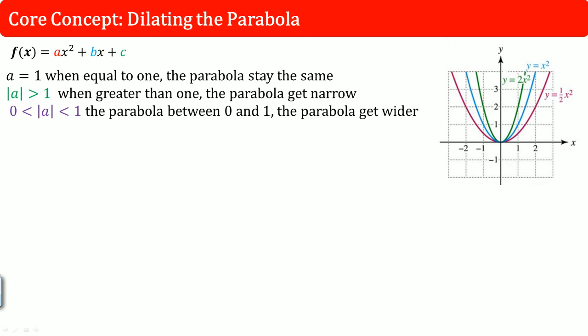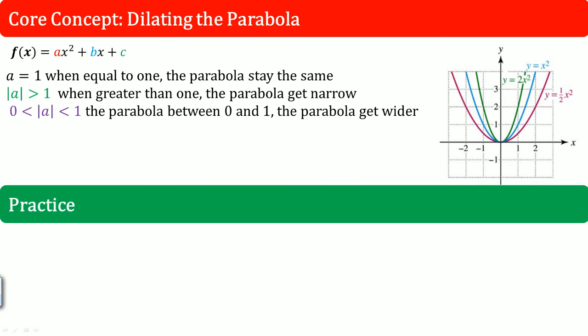Or when A is less than 1 but greater than 0, so between 0 and 1, like a fraction, the parabola here gets wider, like the purple. The example I show you is 1/2.